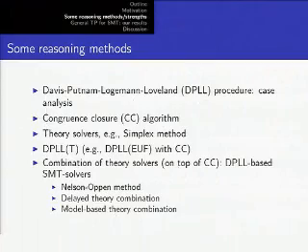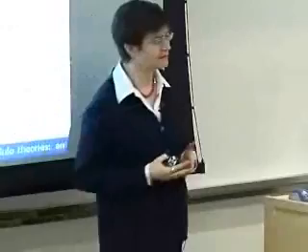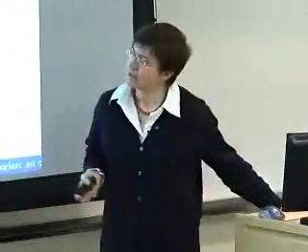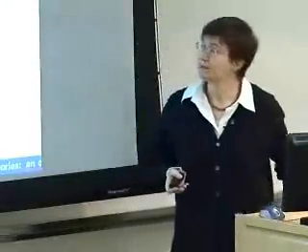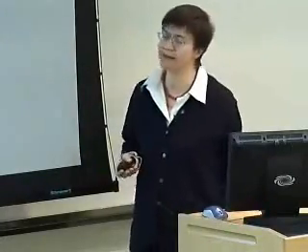Now, the automated reasoning field brings to our disposal a variety of reasoning methods that are good for different things. Many of them are probably known to you and already implemented here. Let's start with the Davis-Putnam-Logemann-Loveland procedure, DPLL, which is typically used for satisfiability problems in propositional logic.